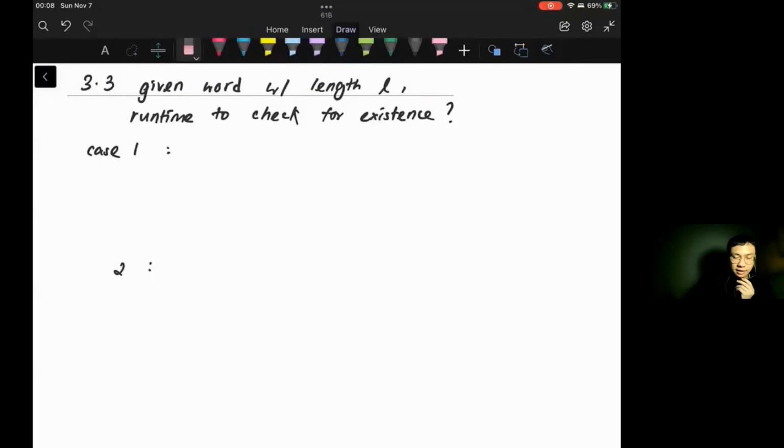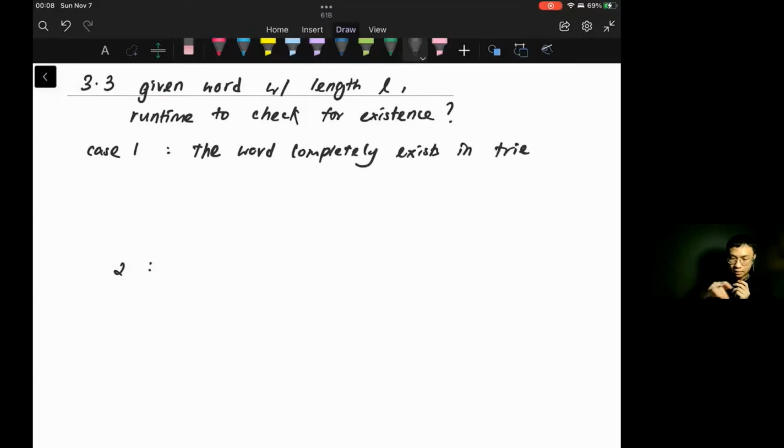Okay, for the last question 3.3, we are given a word with length L. And what's the runtime to check for the existence in our tree? So similarly, we can break this problem down into two extreme cases. The first one is that the word completely exists in our tree.